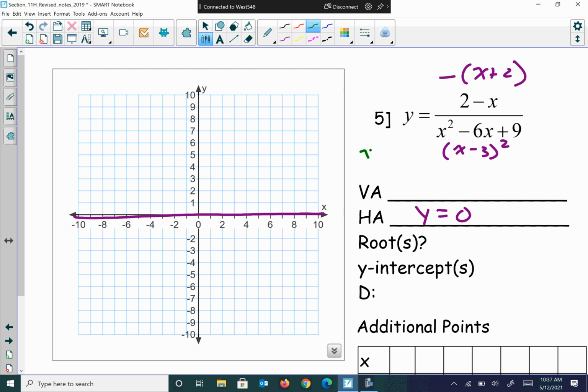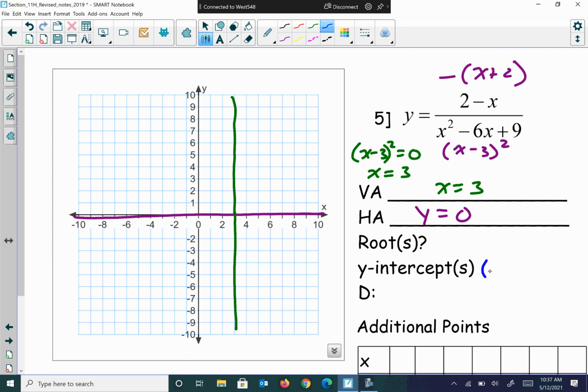If I set the bottom equal to 0, root both sides, x equals 3. So vertical asymptote at x equals 3. Roots. We're not falling for that one again, pal.